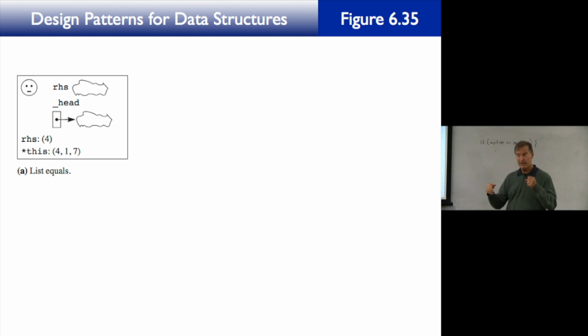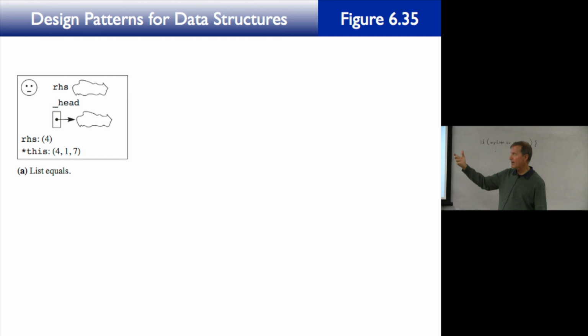A parameter, right? So that's right hand side. I didn't use a different graphic, but you understand that the right hand side up there, that cloud, is a list, whereas the cloud below it that underscore head points to is an abstract node. Are you with me? So there's a subtle difference there.